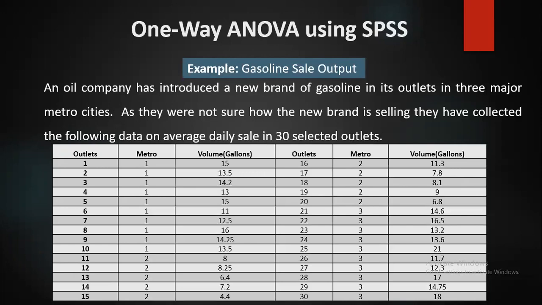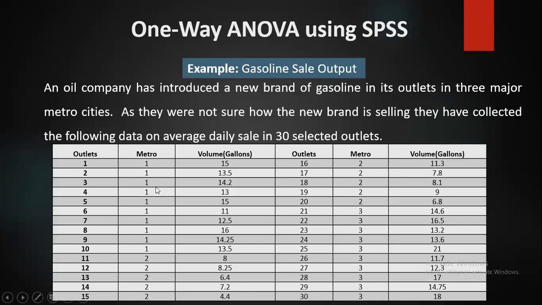Now here we need to segregate which are the independent variables and which are the dependent variables. In a one-way ANOVA, we have one independent variable and a dependent variable. So what is the independent variable here? The major metro cities.